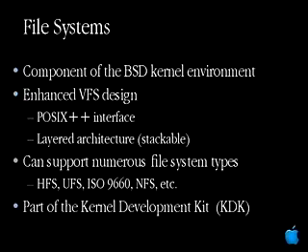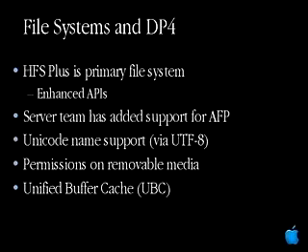There's also an early version of an AFP, Apple Share IP file system as part of DP4. The file system, in terms of its development environment, we package up as part of our KDK, our kernel development kit. There's a whole series of services that are part of doing development within the kernel in terms of ways to extend that. We'll talk more about that a little later in this session.